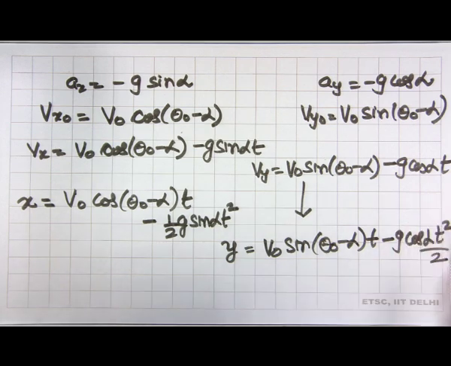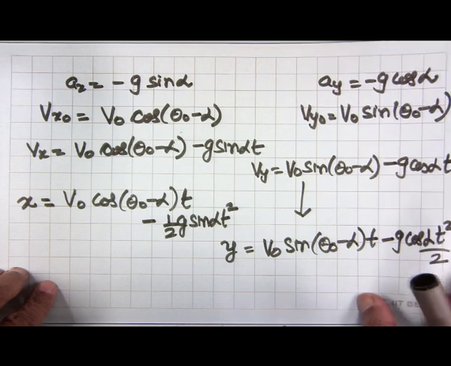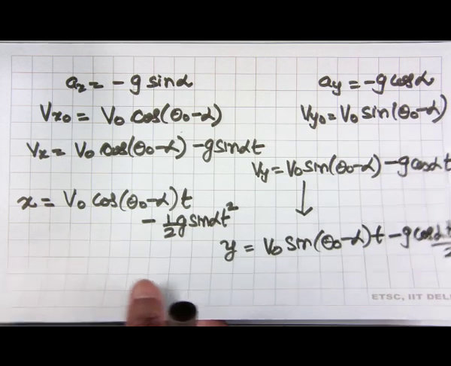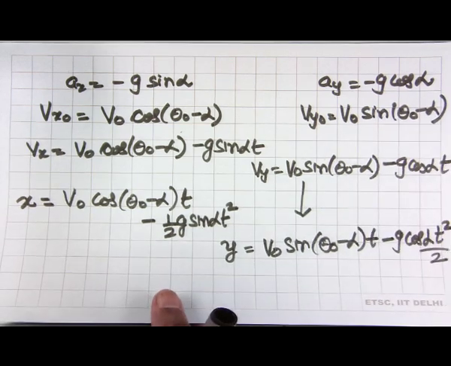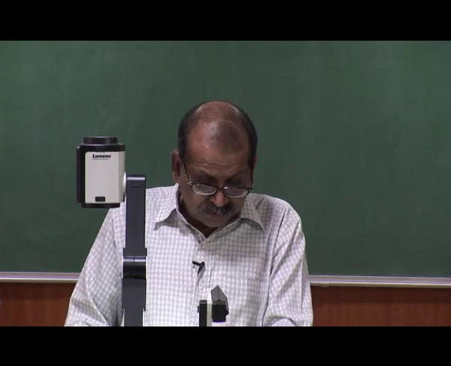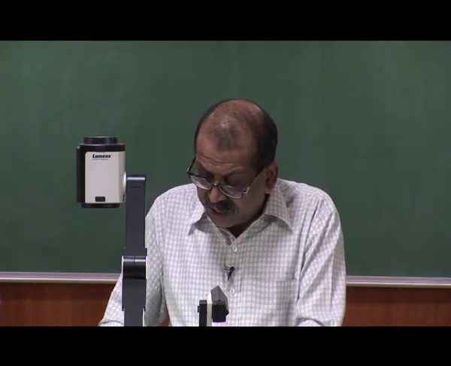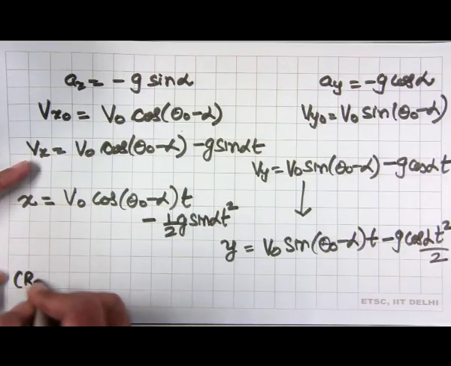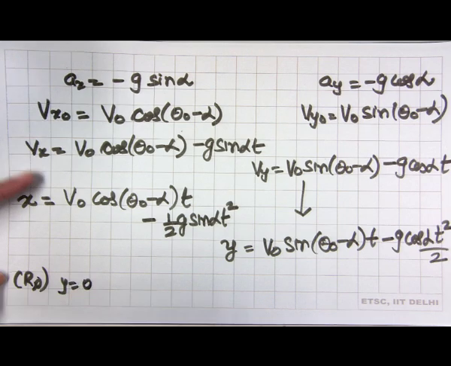So, in the vertical component g is replaced by g cos alpha, and in the horizontal component we get extra terms because of g sin alpha. Now, when we get this expression for y, at (r, 0) y is equal to 0.